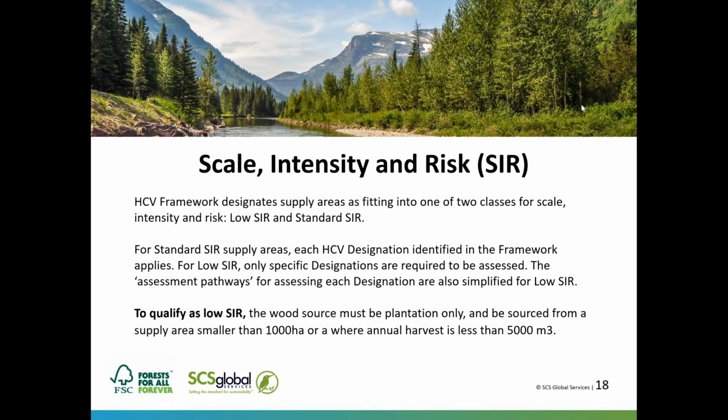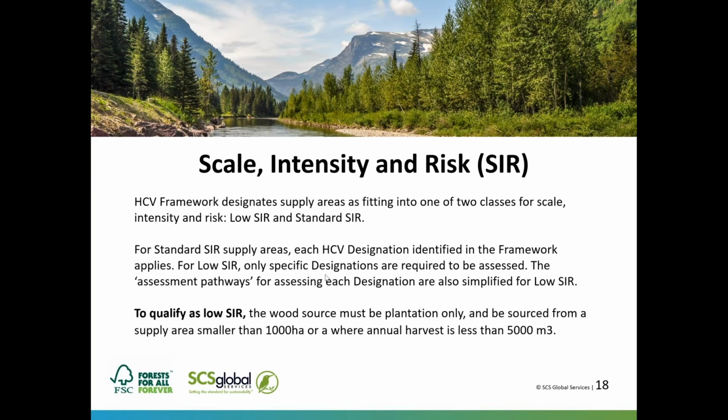Low SIR is generally used in the FSC system to recognize that the smaller the area of the management unit is and the lower the intensity and frequency of activities in the forest, the lower the risk of negative impacts. Effectively, while standard SIR supply areas have to use every risk designation in the framework, for low SIR there are specific designations they are required to assess, and other designations where they're not required.